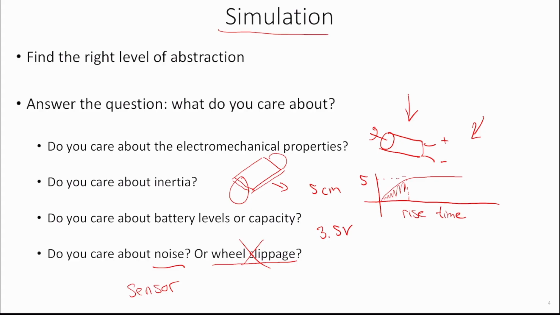However, if we want to start incorporating our compass using sensor fusion, then we probably do want to model some sort of noise, both on the sensor level and with the robot's interaction with the world. On the other hand, do we need to model it as wheel slippage? Do we really care if it's wheel slippage versus some other kind of disturbance, like a lump in the carpet? Probably not.